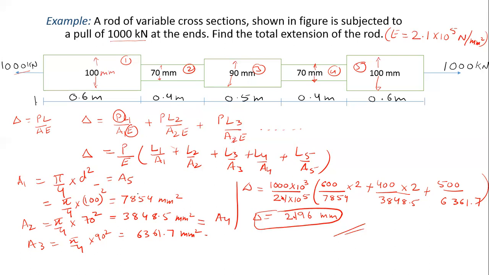E is constant. So this is how we can calculate the total elongation of this rod. If some forces are also acting at these sections, then we have to make free body diagrams and calculate accordingly.